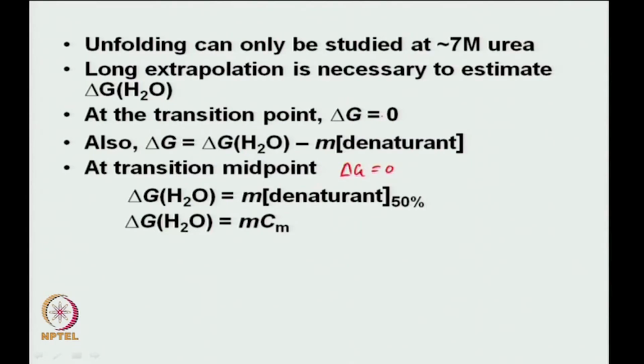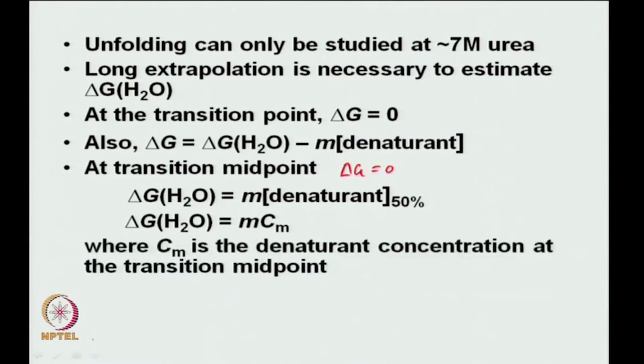Okay. So, that is what it says, where Cm is the denaturant concentration at the transition midpoint. Okay. So, I can further write then that because we have just proved that delta G H2O is equal to m times Cm, I can rewrite this equation by replacing delta G H2O by m Cm, and hence this is what I have. Okay.